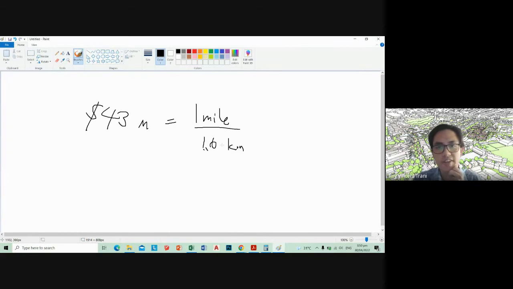So divide, no? Am I correct? I'm converting the 43 million per 1 mile to one. Oh, no, I'm doing it wrong. Let me see. Sorry. Delete.